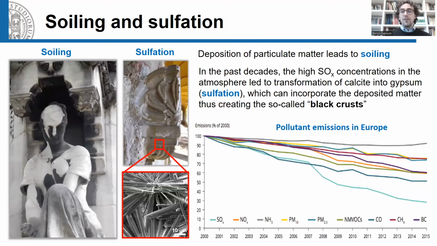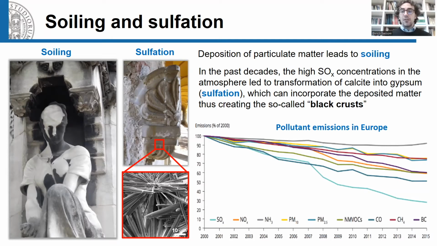Another cause of stone deterioration, especially in terms of aesthetic appearance and chemical composition, is soiling and sulfation. Soiling is basically the deposition of particulate matter, dirt, black carbon over the stone surface.